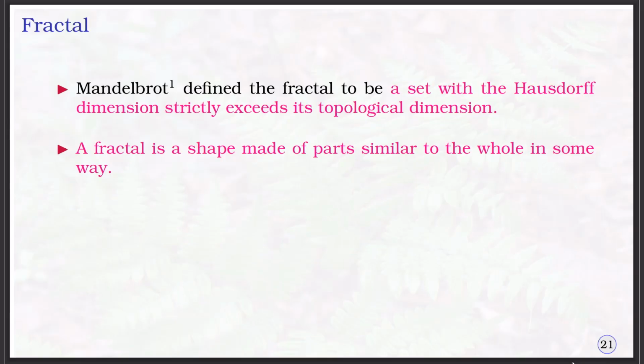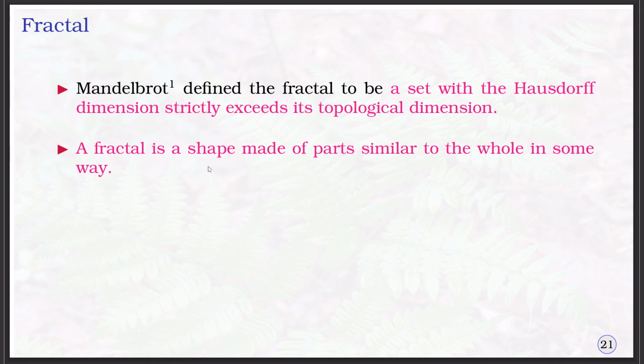Also, he later proposed a new definition for a fractal. A fractal is a shape made of parts similar to the whole in some way. This definition is given based on the self-similar property.